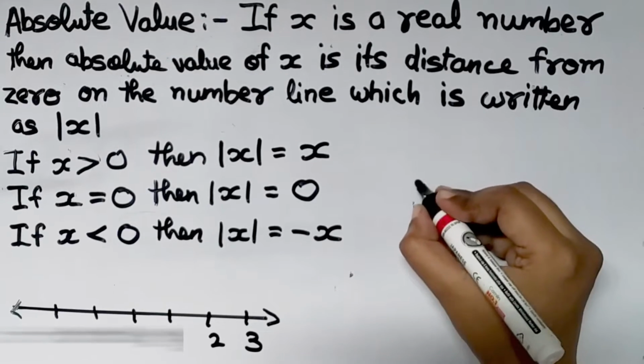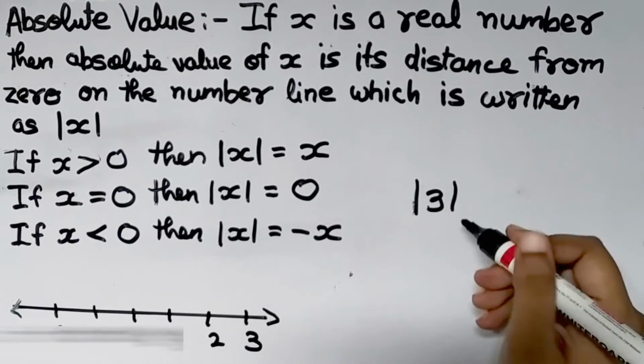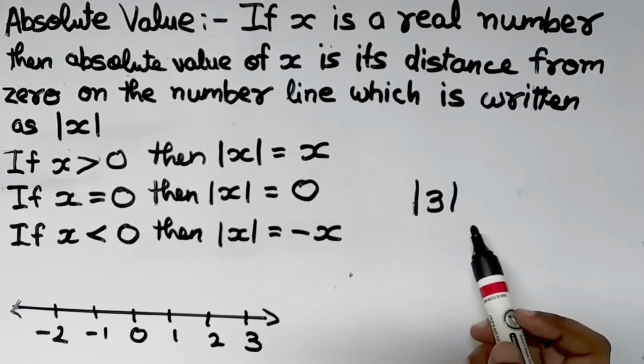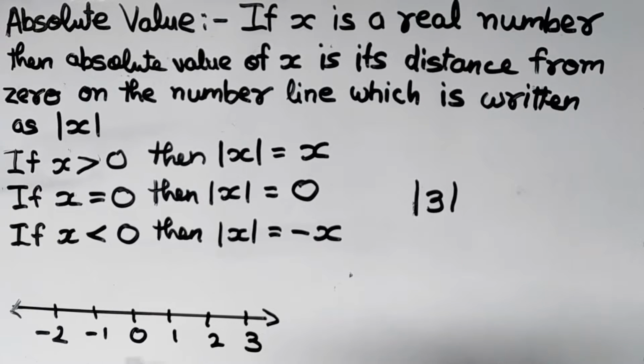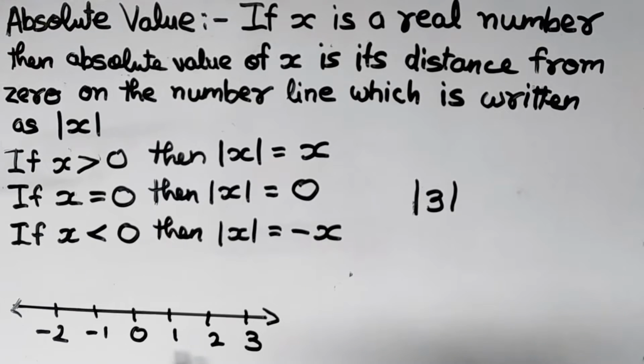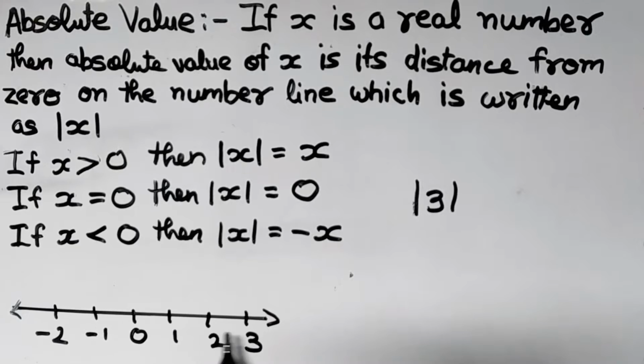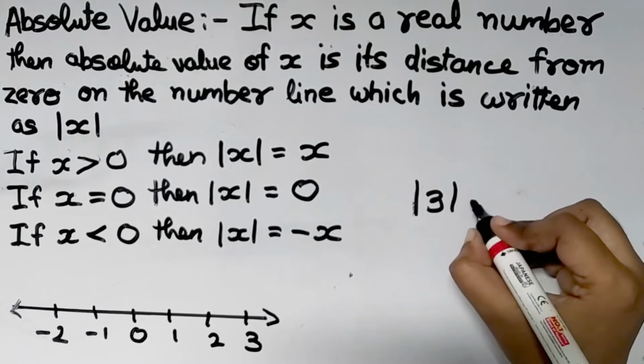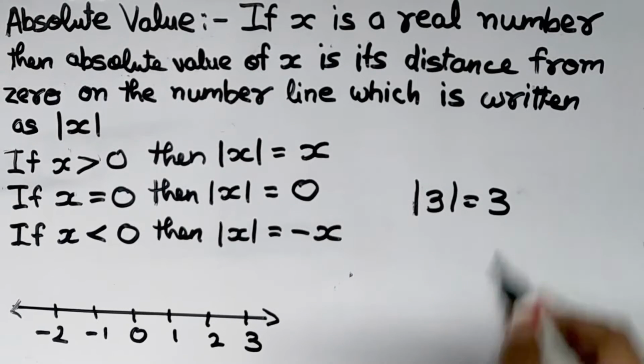Now see the absolute value of 3. It means the distance of 3 from 0 on the number line. 0 is here, 3 is here. So the distance is 1, 2, 3. So the absolute value of 3 is 3, the number itself.